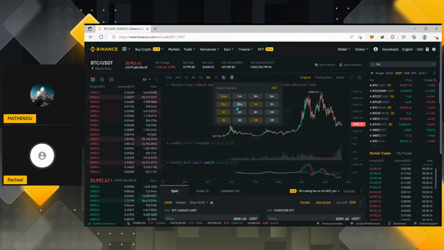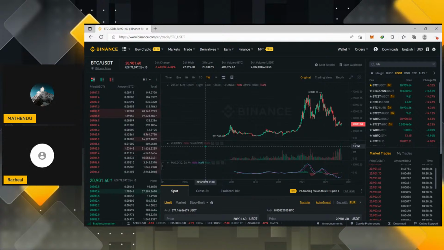If I'm a daily trader, I might consider charts of 3 minutes, 5 minutes, 15 minutes. A daily trader wants to enter a trade and get out of that trade that very day. They're not going to keep their trades open for a day or two. They'll make sure they enter and come out of more than one trade in a single day.